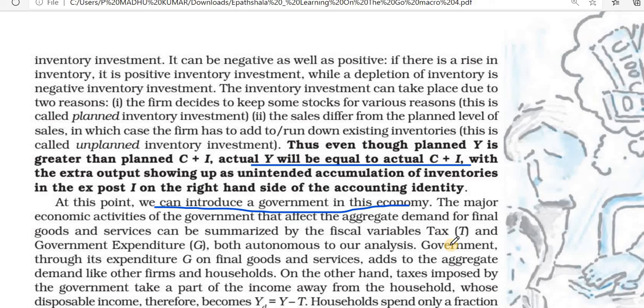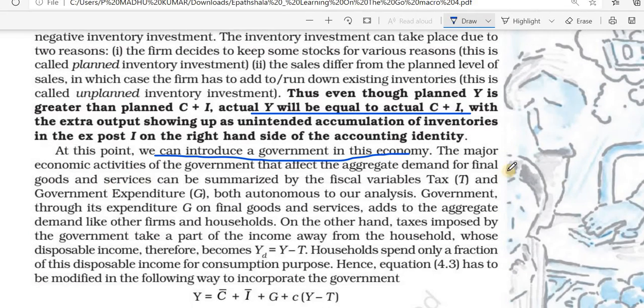Government means tax will be there, and government expenditure will be there. Through its expenditure, the government produces goods and services.